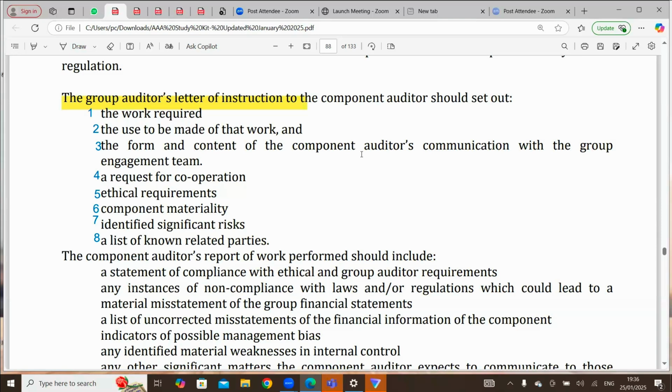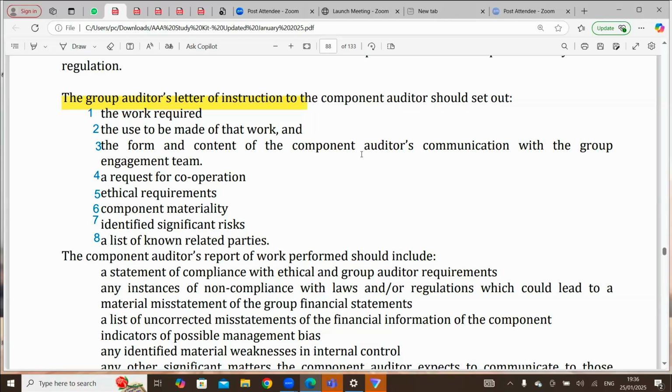Then component materiality. You can say, okay, any amount that is up to 1% or 1.5% of your profits before tax is material. They can give out that percentage, and then that is what the component auditor will begin to work with.